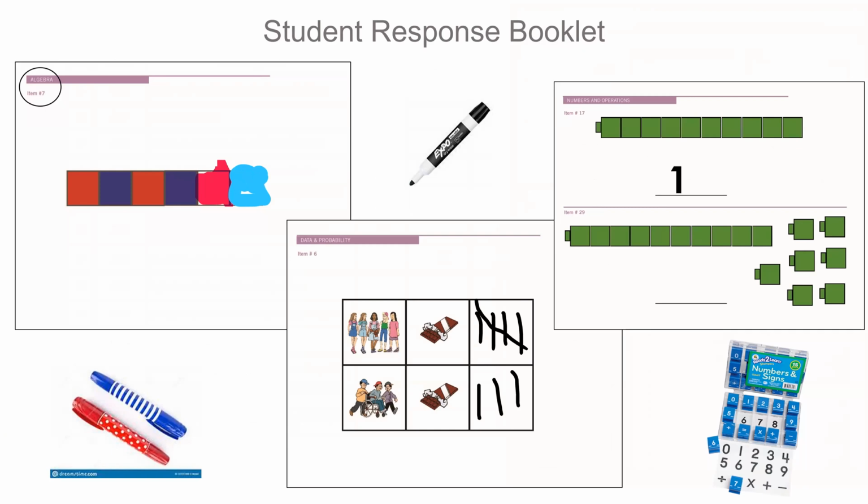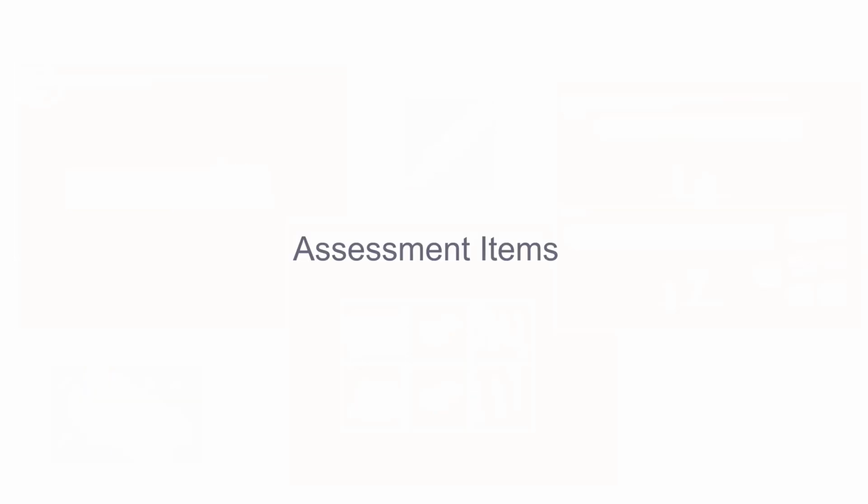When you're writing, you could write 10 for this stack of 10 Unifix cubes. You could also use a rubber stamp, right? You could do the same with, I'm going to write down how many I have. I have 1 rod of 10 or stack of 10 and 7 more, and that's 17, right? So it is the place where students need to write because that's what we're measuring in that particular assessment item.